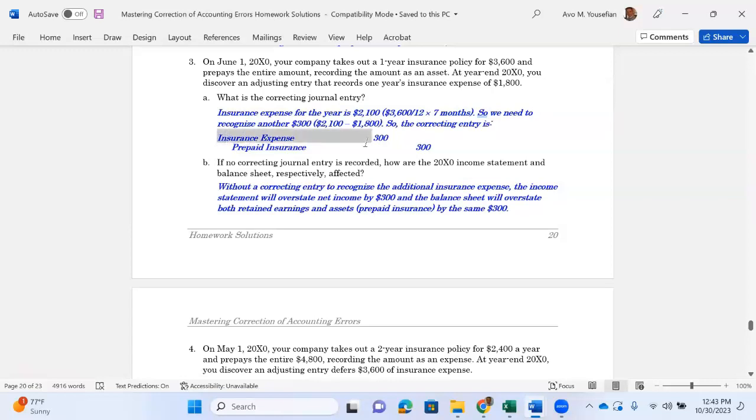If you don't recognize that additional $300 of insurance expense, then your expense will be understated. If expense is understated, then net income will be overstated in the income statement. And if the net income is overstated, then retained earning will be also overstated in the balance sheet.